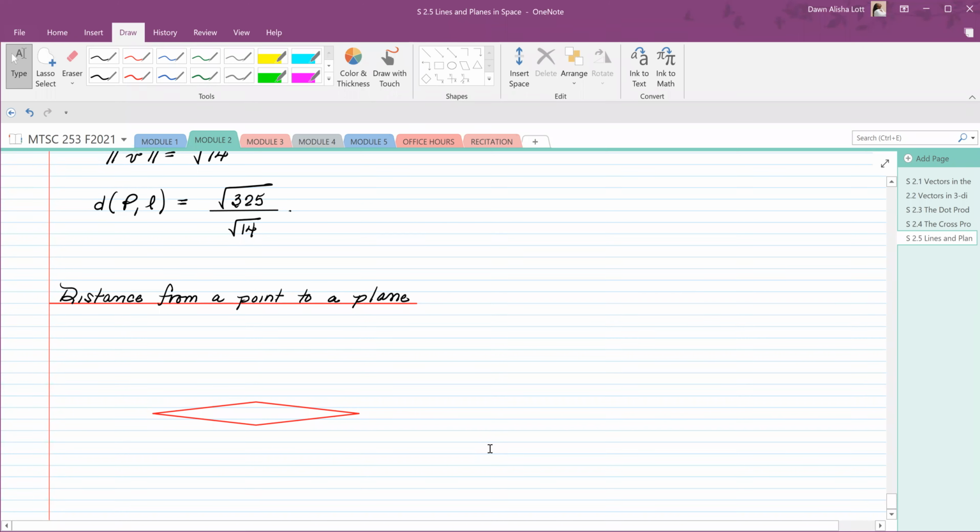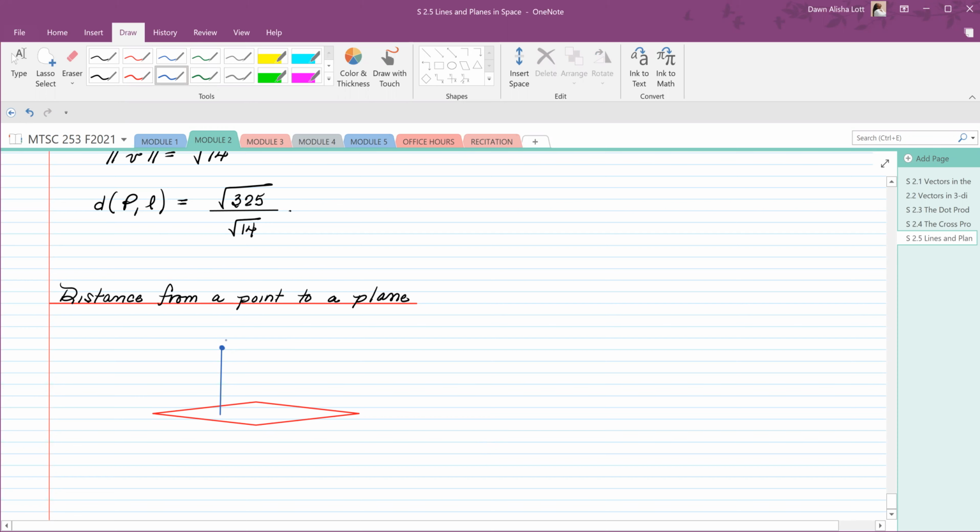Okay. And I have a point P, and I want to find the distance from this point P down to the plane. So that is what I'm trying to determine.